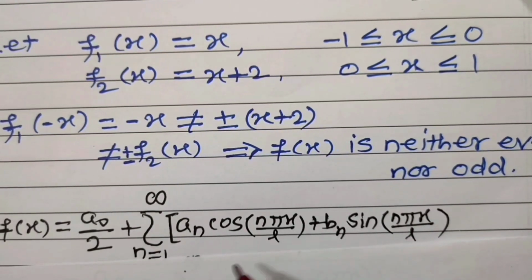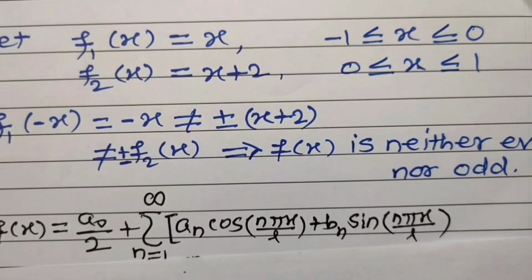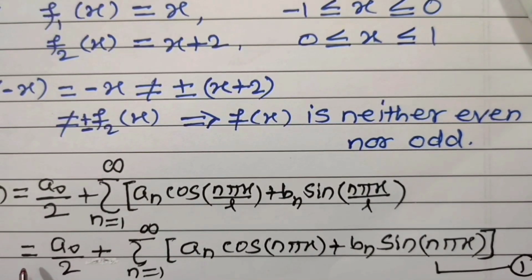Now we have to substitute the value of l, which is 1, in this formula. Hence f of x is equal to a0 upon 2 plus summation n equals 1 to infinity of bracket an into cos n pi x, because l is 1, plus bn into sine n pi x, and consider this as equation number 1.